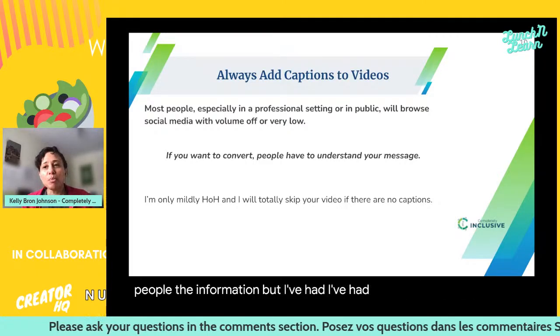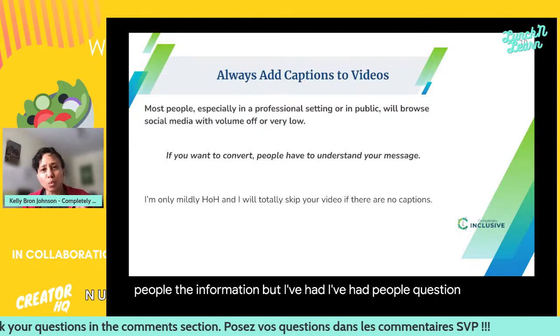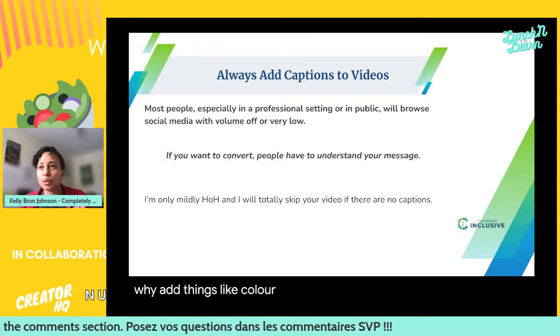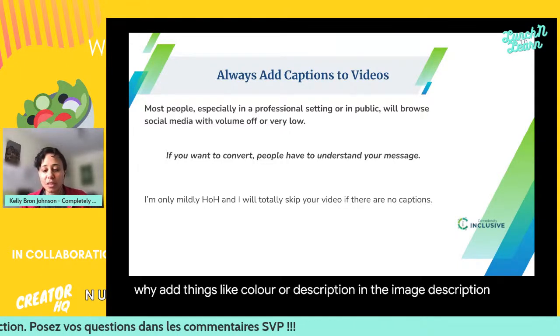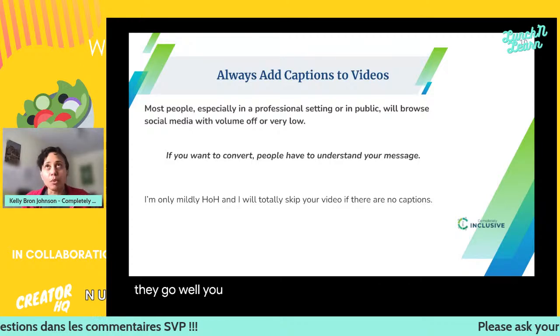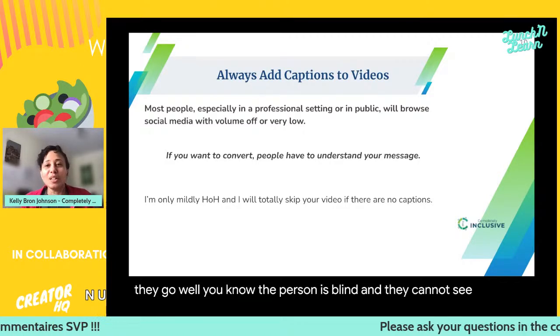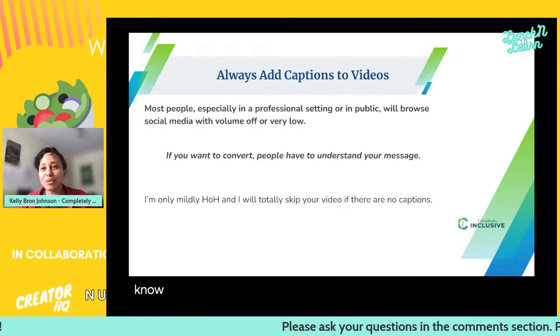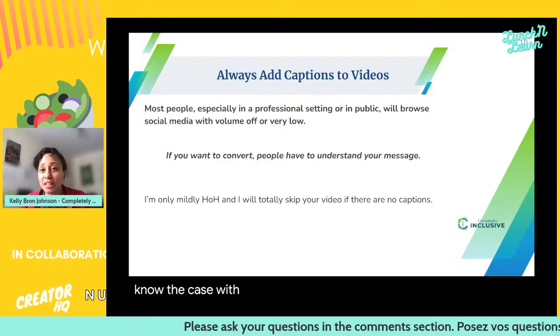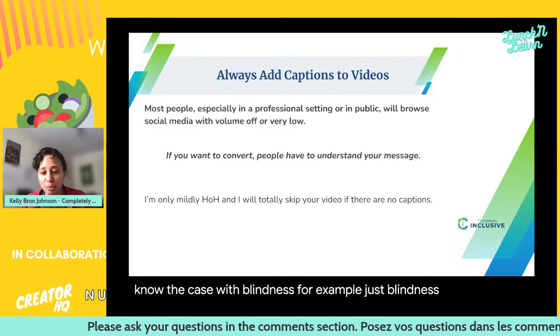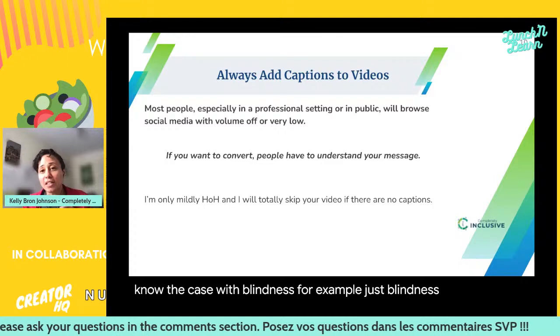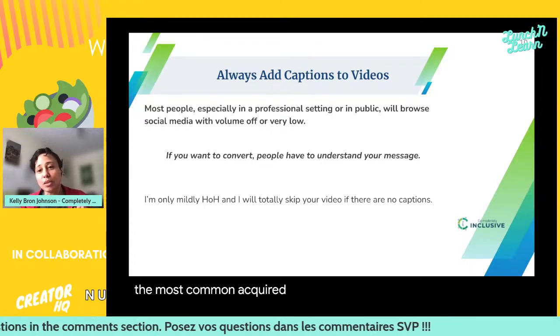So that doesn't give people the information. But I've had people question, why add things like color or description in the image description? And they go, well, if the person's blind, then they can't see. But with blindness, if we're talking about vision loss, that is actually the most common acquired disability.